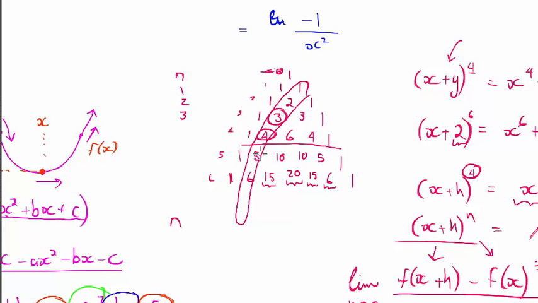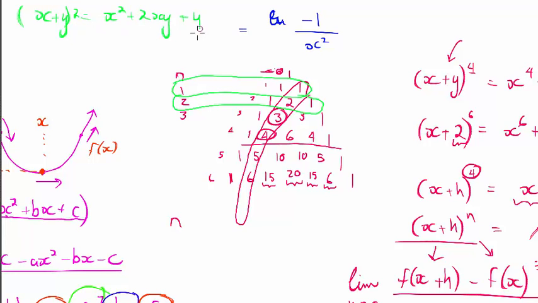Look, if my exponent is 1, the second term coefficient is 1. If my exponent is 2, my second term coefficient is 2. Look, (x + y)² is x² + 2xy + y². My second term's coefficient is equal to that.